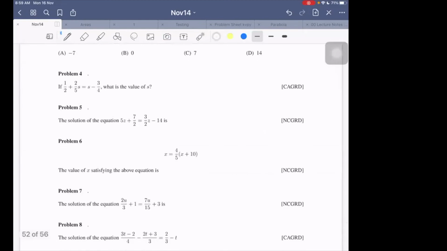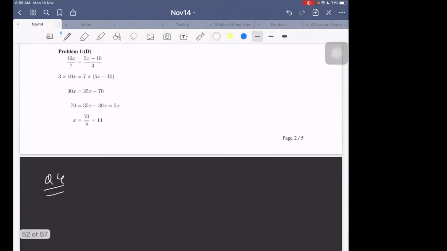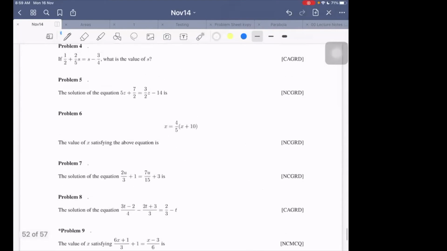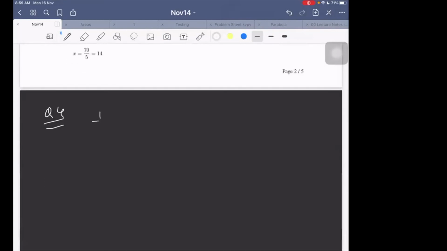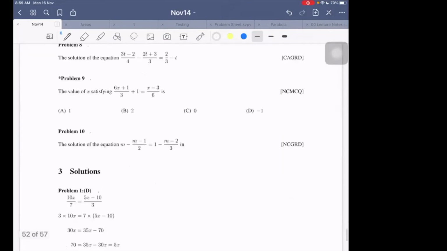The next question, number 4. Half plus 2 by 5 s is equal to s minus 3 by 4.